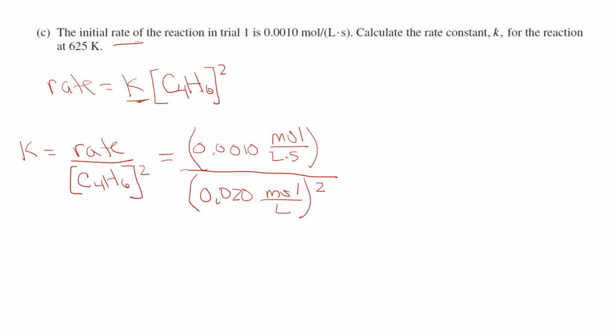And so when you solve for this problem, again, remember, solve it for the units too. You should get 2.5. Since this is squared, that's going to cross out. That's going to cross out. And this is going to flip. So you would have liters per mole times seconds.